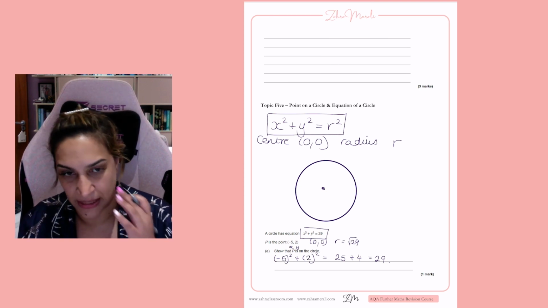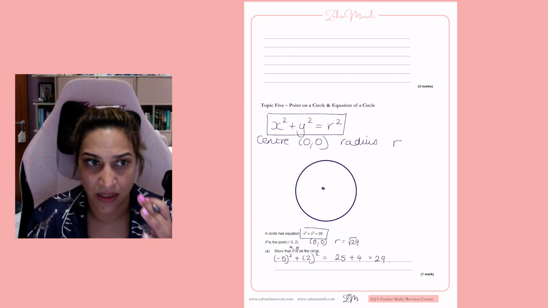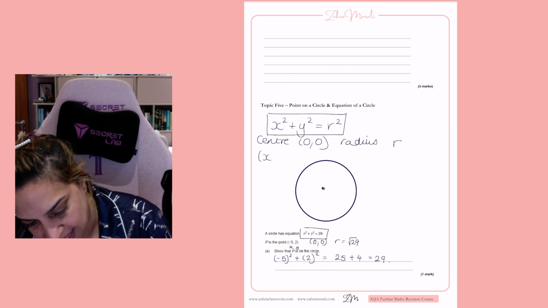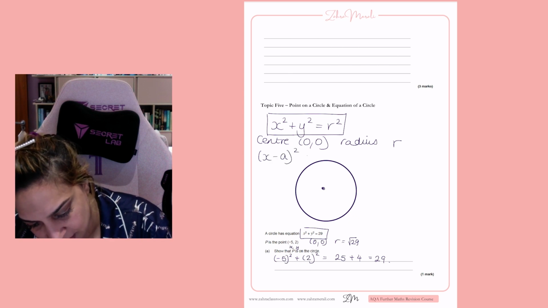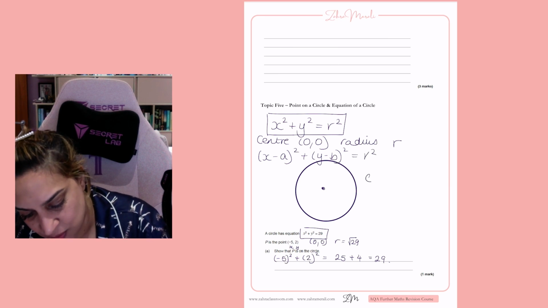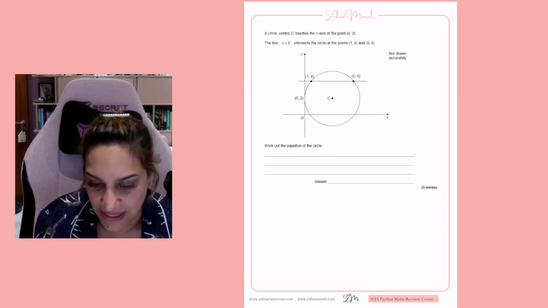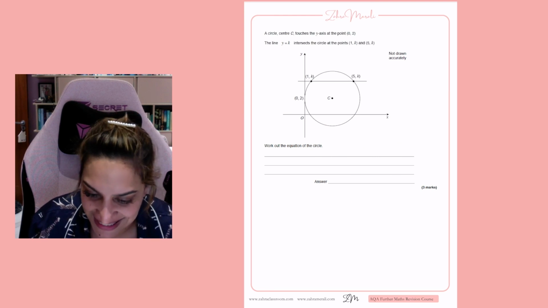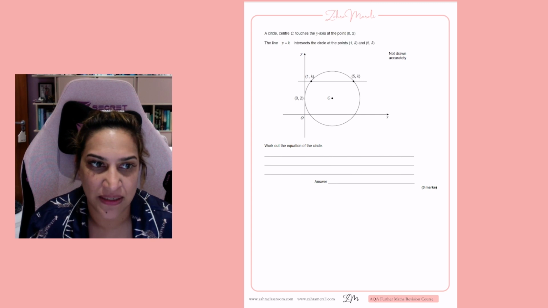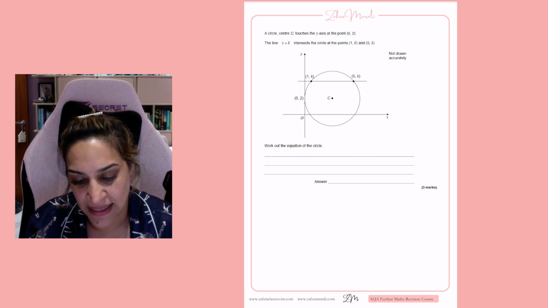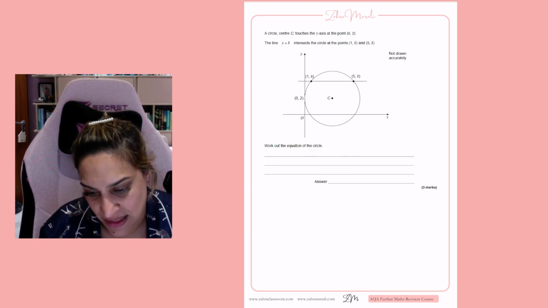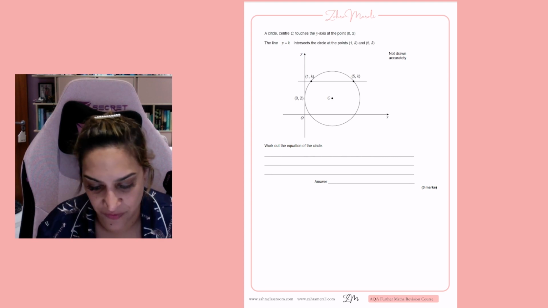Okay, now what did we say? Sometimes the center shifts. And when it does, we have (x minus a) squared plus (y minus b) squared equals r squared. And that's when the center isn't quite 0, 0. Right, so we've got a circle with center C, and it touches the y-axis at the point 0, 2. And the line y equals k intersects the circle at 1, k and 5, k.